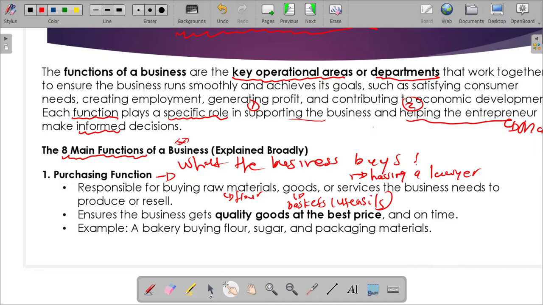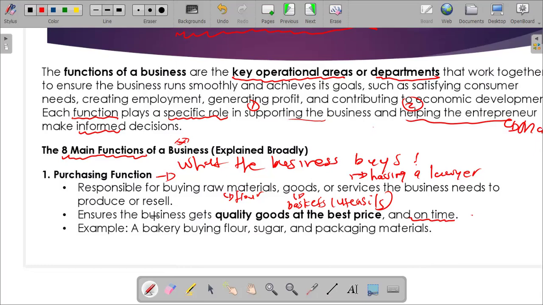All right. And again, here it says on time. It's more of like the business that we work with needs to value time. They need to always be on time because we are running a business. And if they are late, that means our business will be late too.